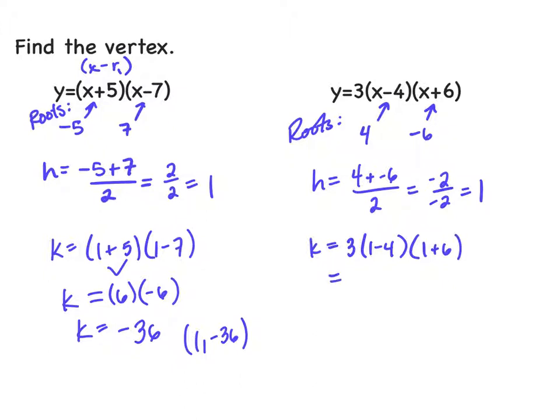So I end up with 3 times -3 times 7. Something doesn't look quite right there. Equals -9 times 7 equals -63. And I think something went wrong, so hang on.